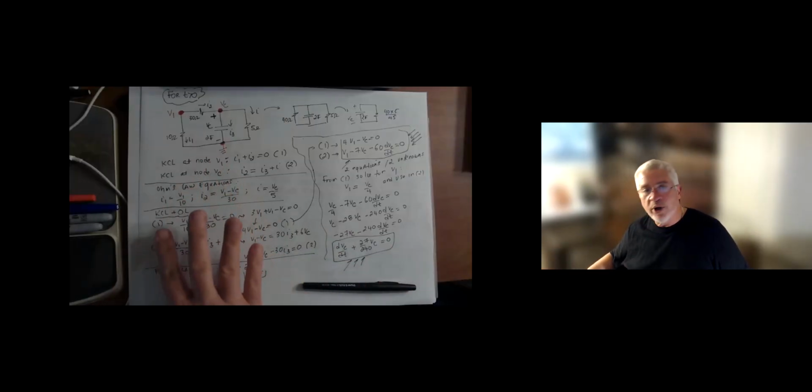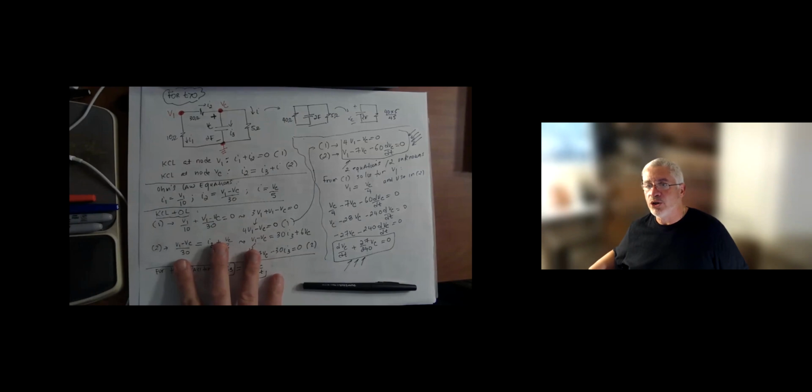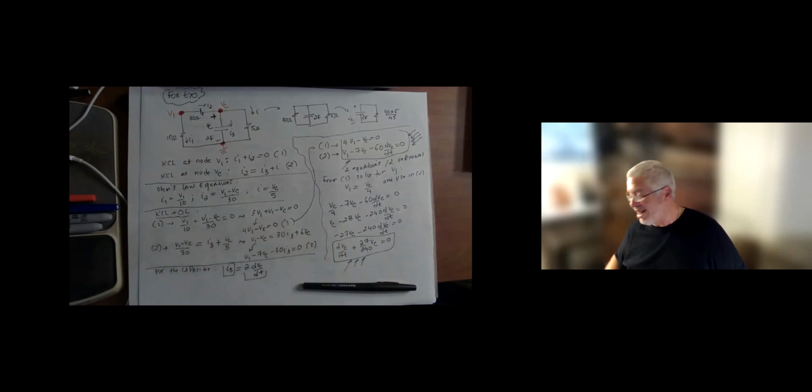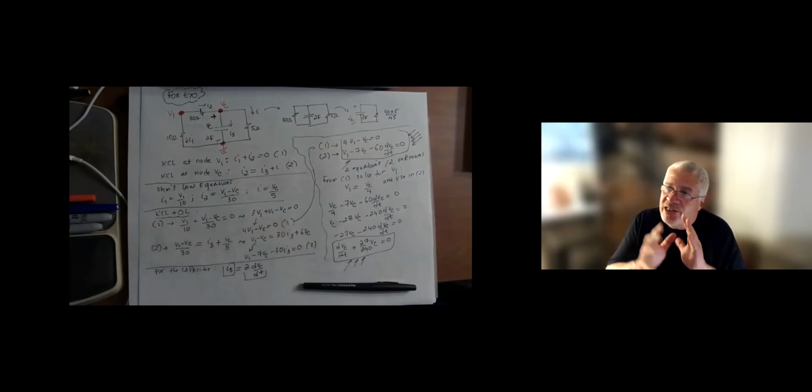We carried out a nodal procedure to get the differential equation. We could have done mesh. And then from the differential equation, we solve for VC, apply the initial condition, and then we can also get I. That is the standard process.